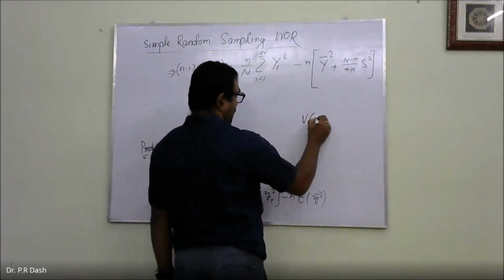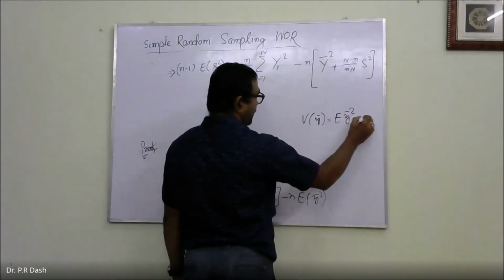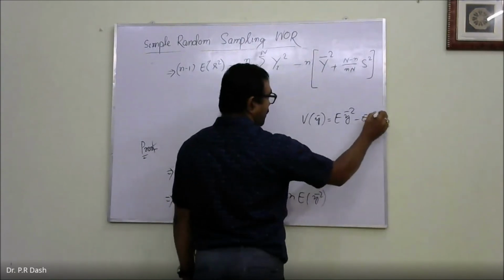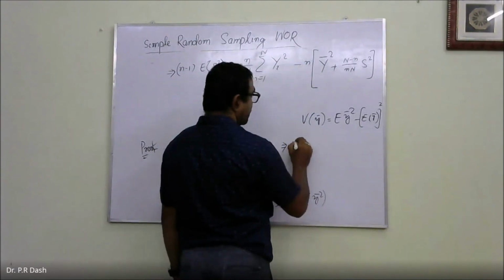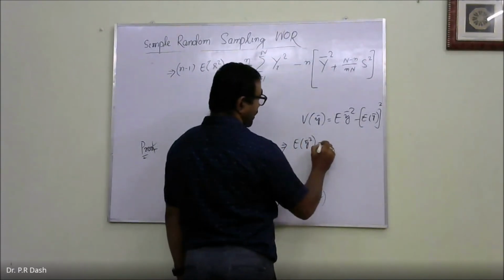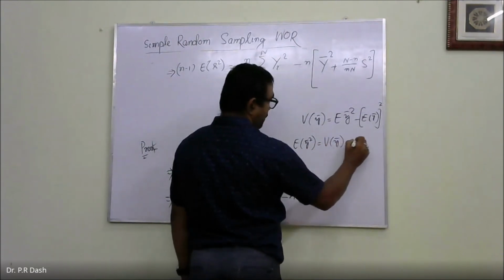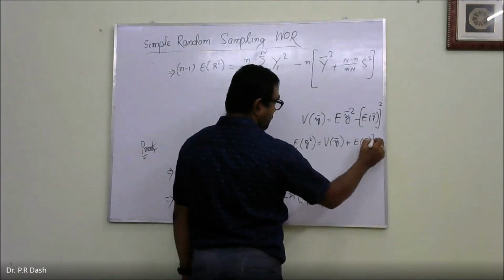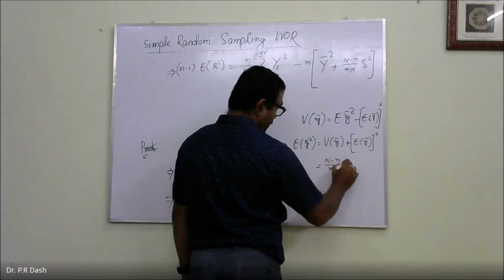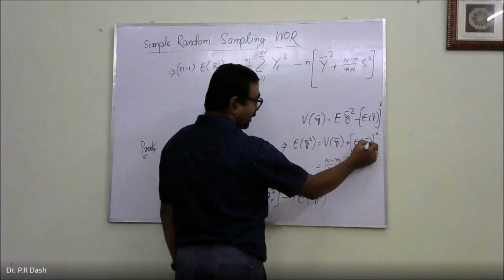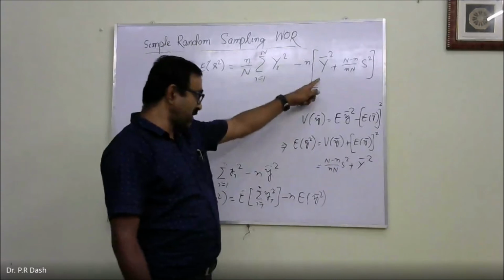Because we have variance of y bar equal to expectation of y bar square minus expectation of y bar whole square. This implies expectation of y bar square equal to variance of y bar plus expectation of y bar whole square. This is n minus n by n s square. We have already obtained variance of small y bar equal to capital Y bar. So we use this result here.